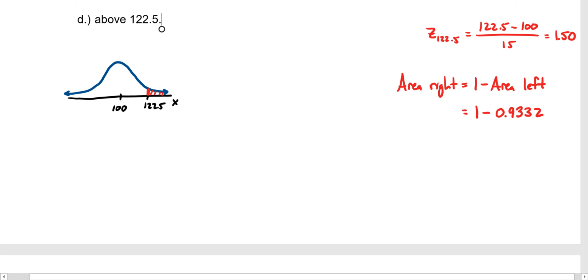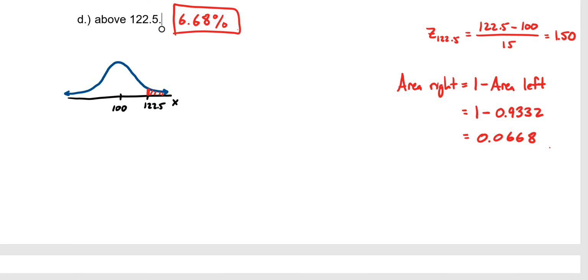So 1 minus that is the area to the right of it, which ends up giving us 0.0668. And as a percentage, that's going to be 6.68%. So 6.68% have an IQ above 122.5.